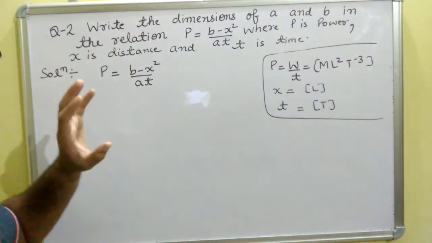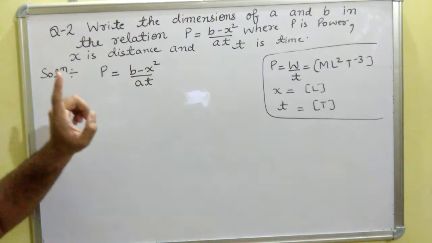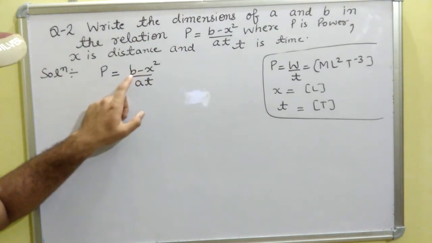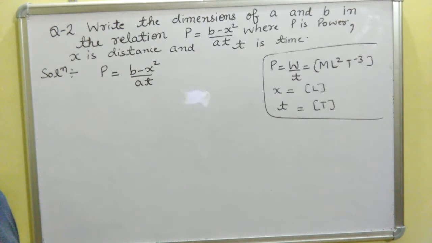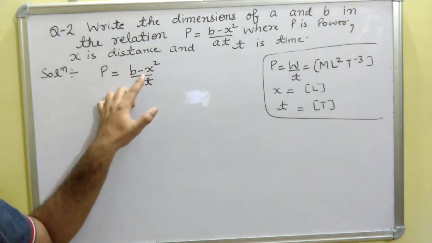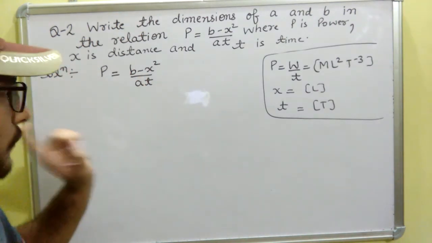It means always first calculate the dimension for the unknown which is in the addition or subtraction. Here in the numerator you have B minus x squared. So first solve this. After that think for the A.